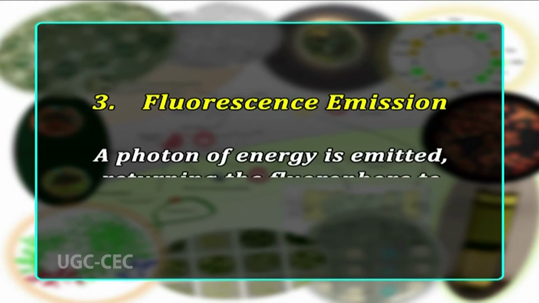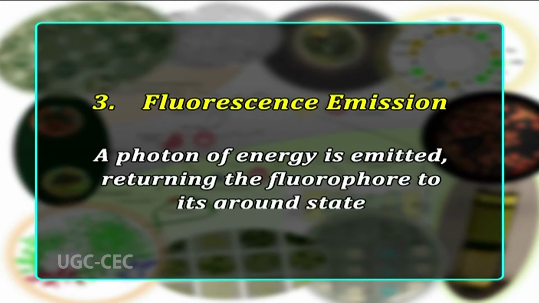A photon of energy is emitted, returning the fluorophore to its ground state. Due to the energy dissipation during the excited state lifetime, the energy of this photon is lower, therefore of longer wavelength than the excitation photon. The difference in the energy or the wavelength is represented in terms of Stokes shift.